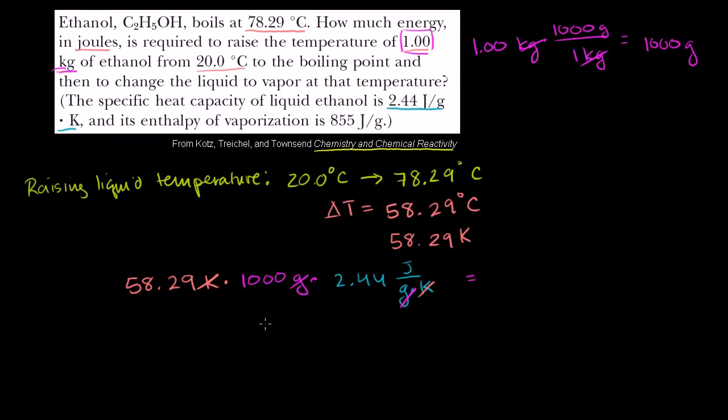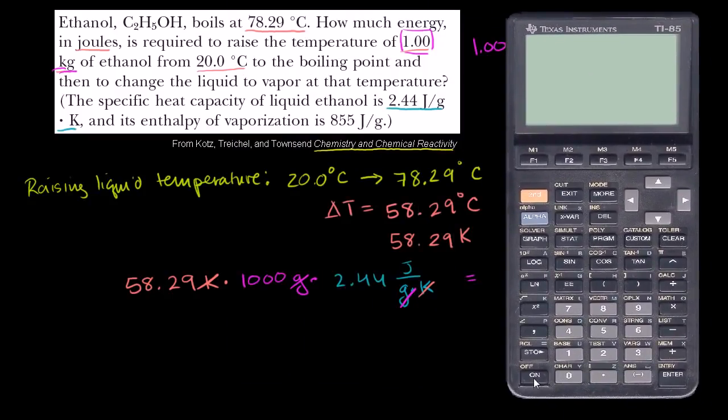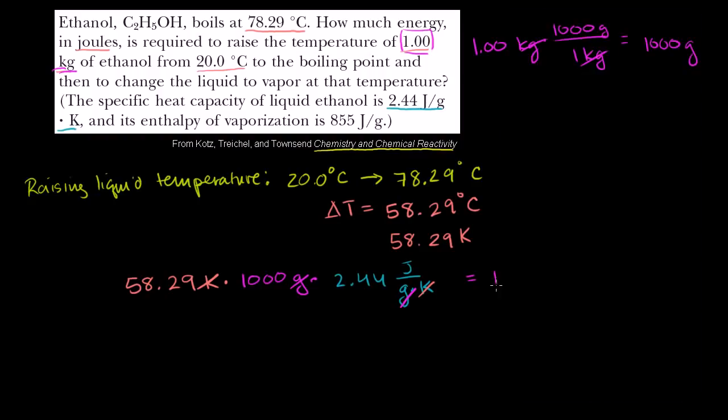And we are left with, take out the calculator. So we have 58.29 times 1,000 times 2.44 is equal to, and we only have 3 significant digits here. So this is going to be 142,000, we'll just round down, 142,000 joules.